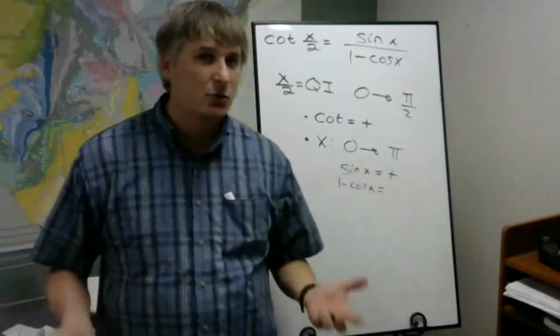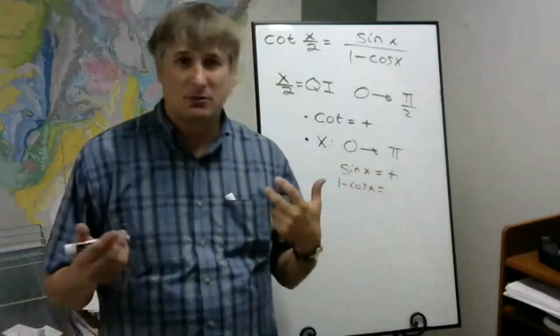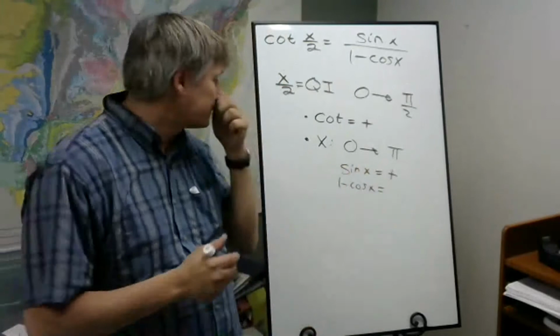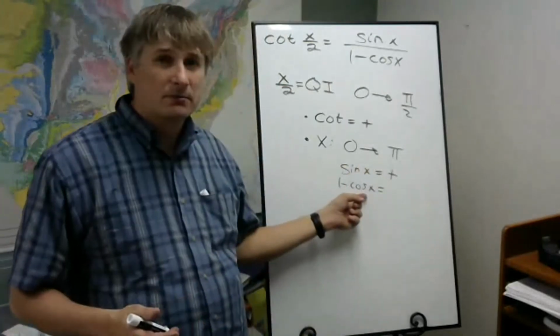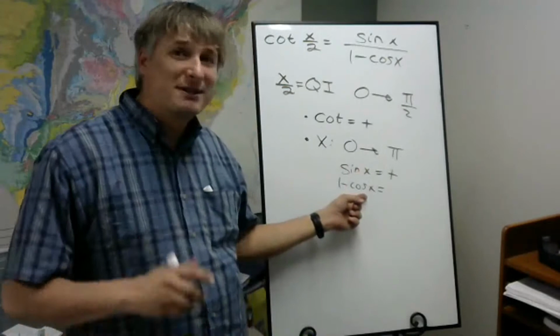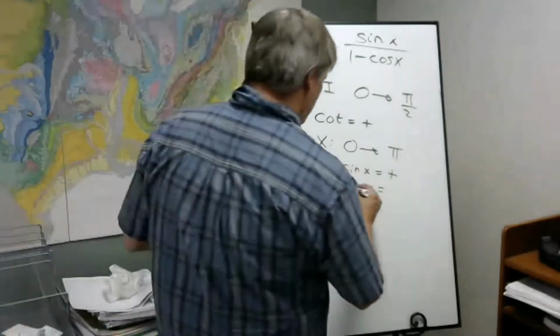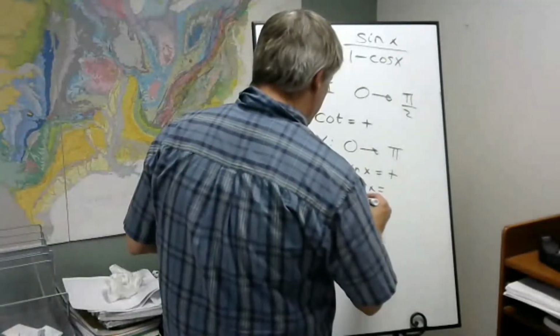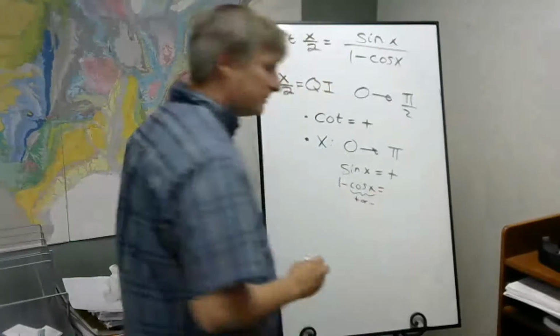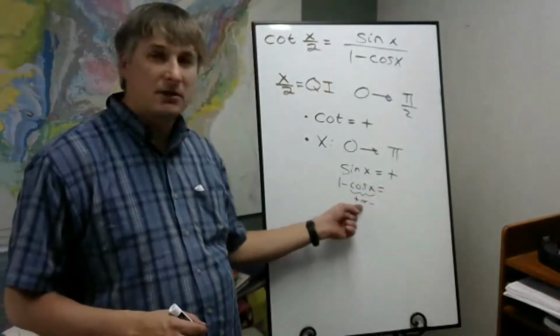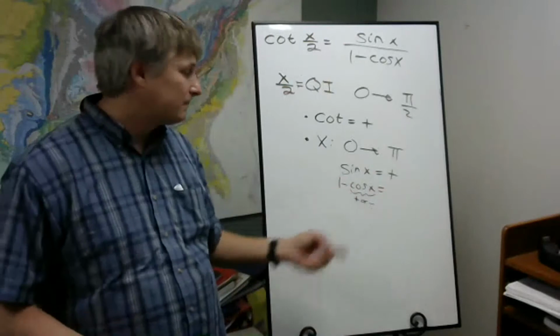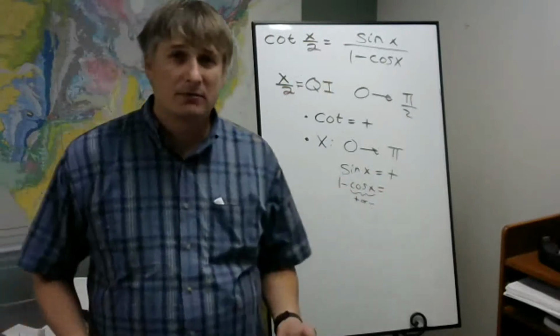0 to pi covers two quadrants, the first quadrant and the second quadrant. In the first quadrant, cosine is positive. In the second quadrant, it's negative. So it'll be positive or negative. But if you take whatever number is here and subtract it from 1, you're still going to get a positive number.